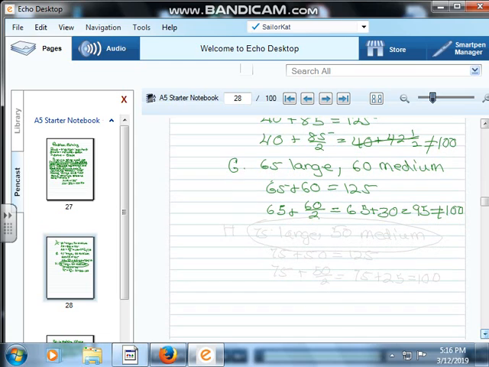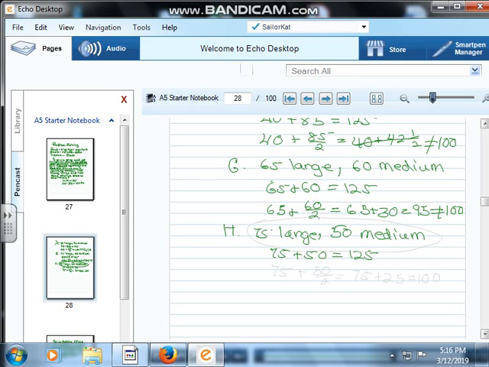Okay, our last option that we're going to use is 75 large and 50 medium. So again, we know that 75 plus 50 will equal 125.